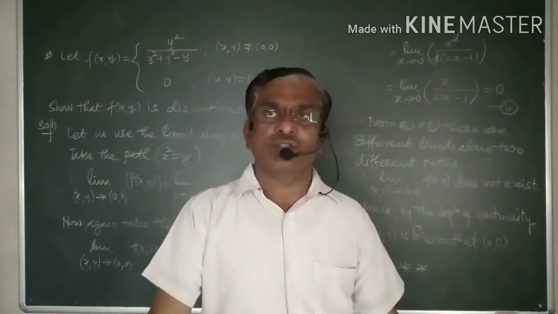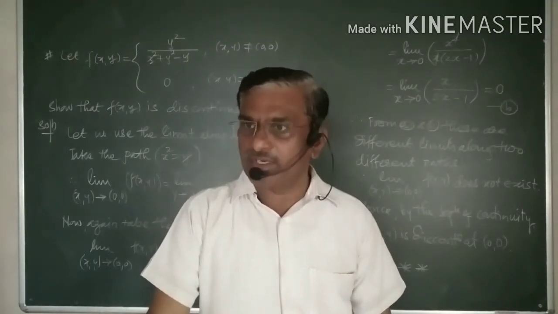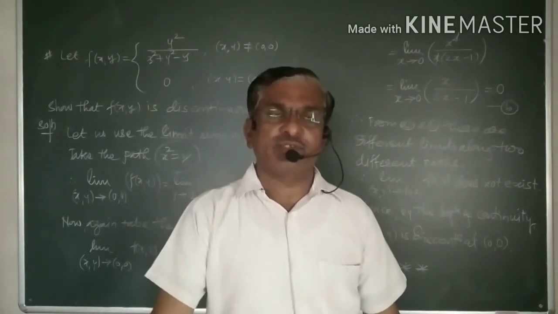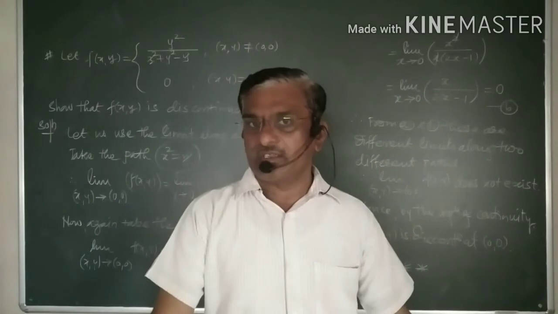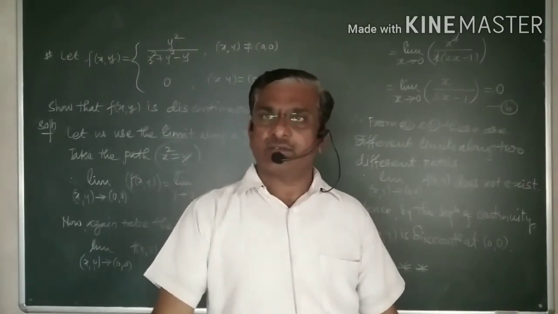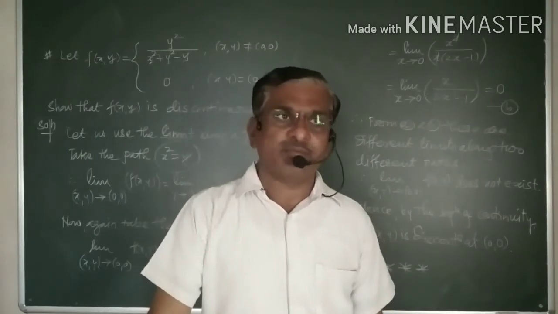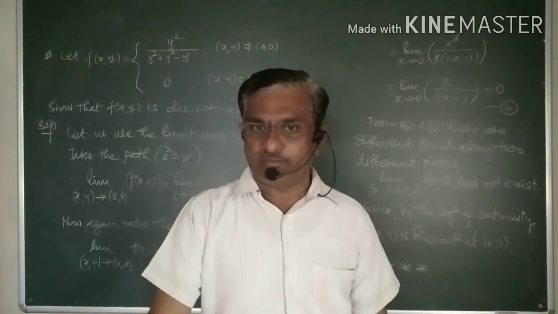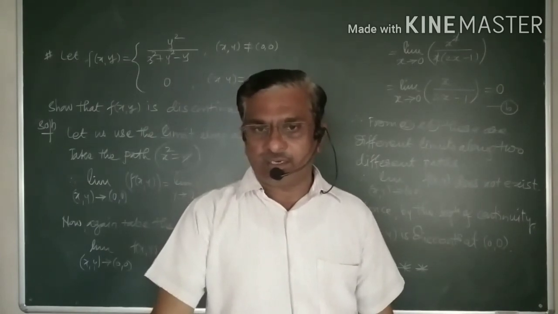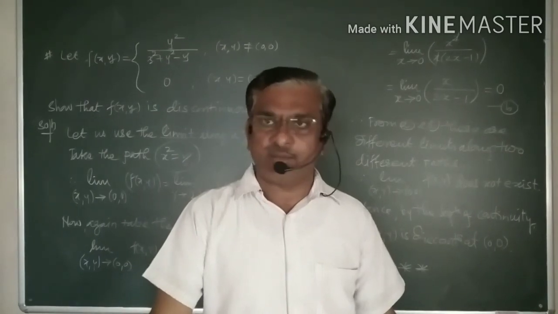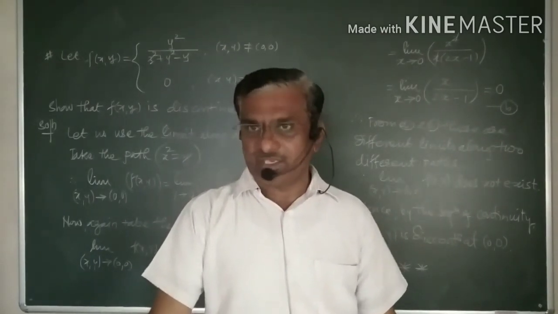Then we have gone through the definition of continuity. There are two definitions. One is the conditional definition, which consists of three conditions. Second is the epsilon delta definition, the analytical definition. After that, we have gone through one of the important criteria, which gives you the relation between the continuity of a function of two variables and one variable, which we call a theorem.